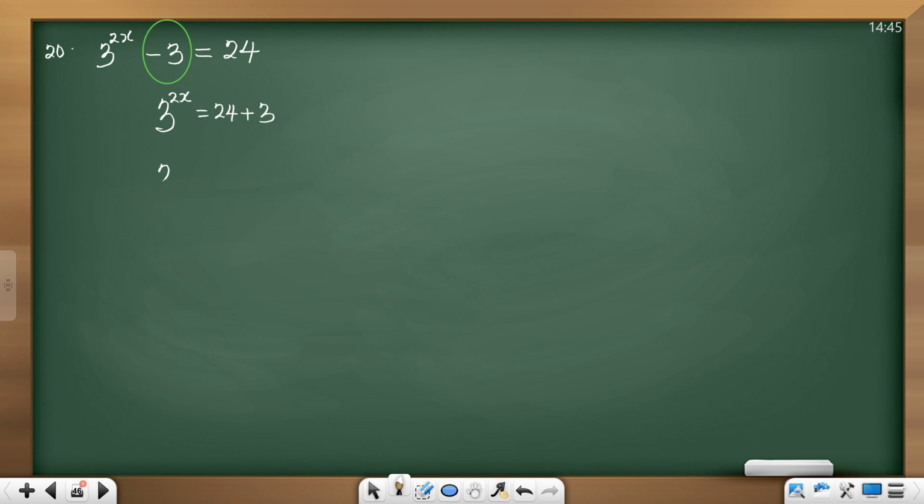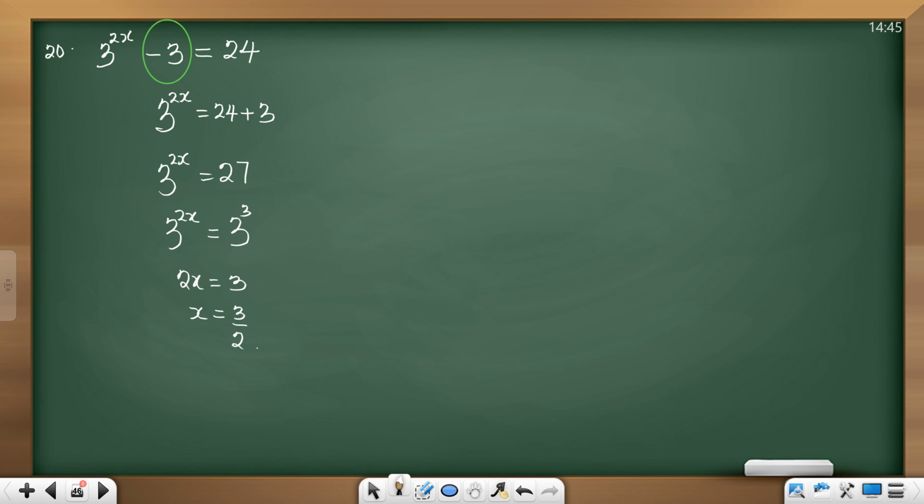Okay. So 3 to the power 2x, that's 27. Oh my days. 3 to the power 3. Beautiful. Since the bases are now the same, can you see that the aim is just to get the bases the same? The 2 is multiplying and then it divides.